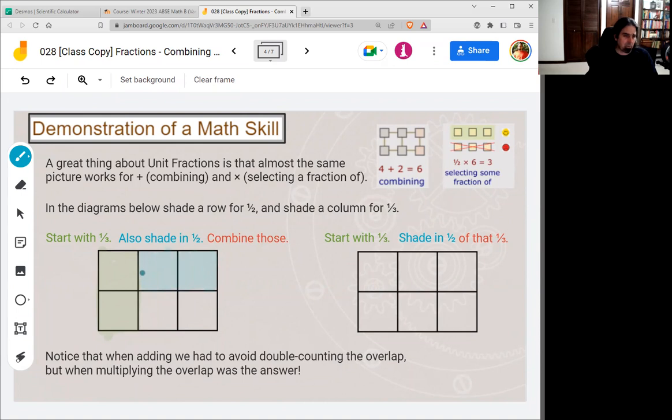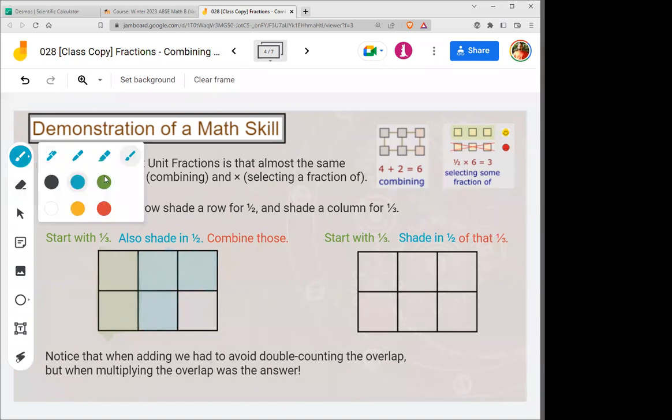Uh-oh, bump. I want to shade in all the way across the top, but that piece has already been shaded. I don't want to double count it. So I'm just going to change direction and shade in a different way. Everyone okay with that? Yes.